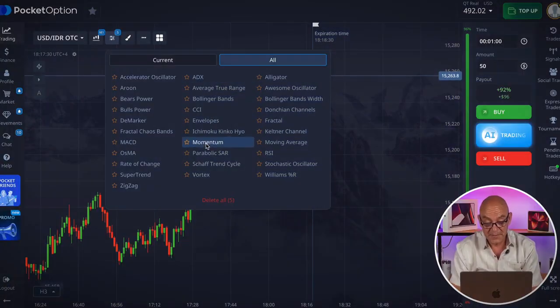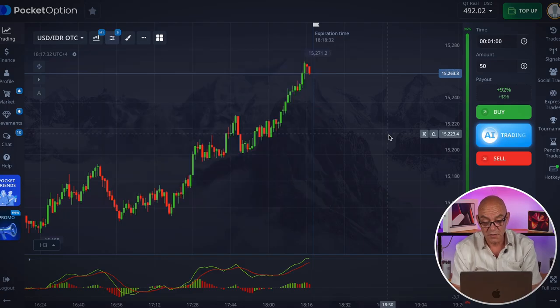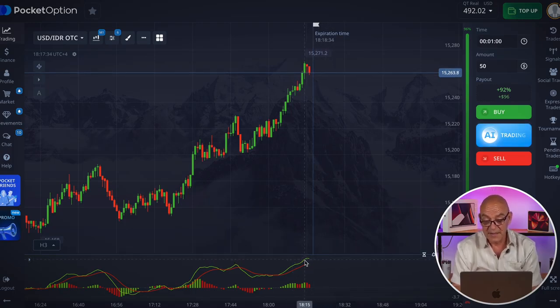For the third trade, we use the MACD indicator. As we found out earlier, its task is to show the balance of power between buyers and sellers. It's based on moving averages and allows you to catch moments of trend reversal. On the chart of the same USD/IDR asset, the MACD lines begin to cross downwards.